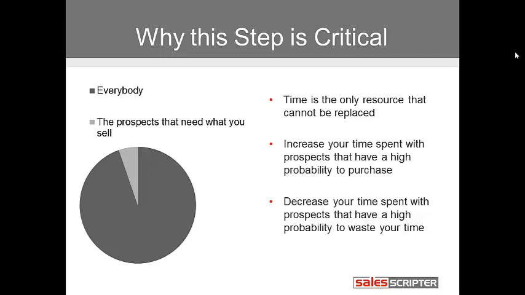But there's really only a small sliver of that huge pie of people that really fit well, that need what you have, and that are likely to move forward. It's that small sliver that we need to focus on. The more we focus on that, and the less we focus on the dark gray area of that pie, the more successful we'll be.